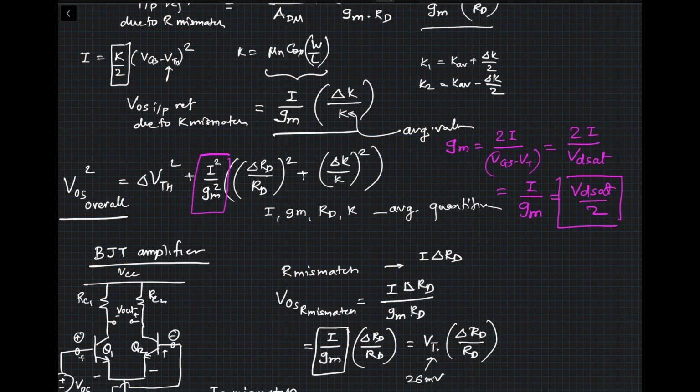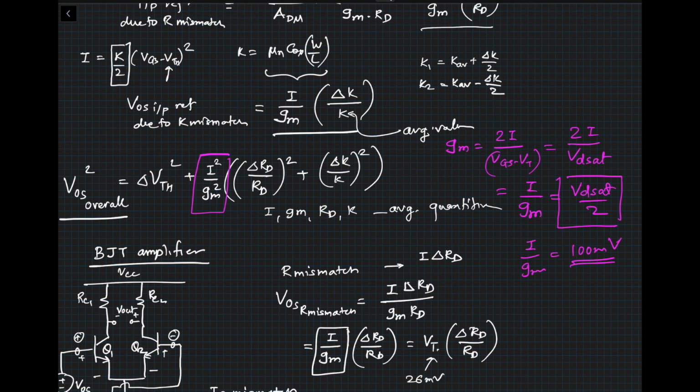So when we compare the bipolar case versus the MOSFET case, what is the value of VD sat that you choose? We typically choose something like 100 millivolts or 200 millivolts. So if we choose 200 millivolts, then I over GM will be equal to 100 millivolts. VD sat is a design value that we choose just to make sure that the transistor is operating in the saturation region and not in the subthreshold region.